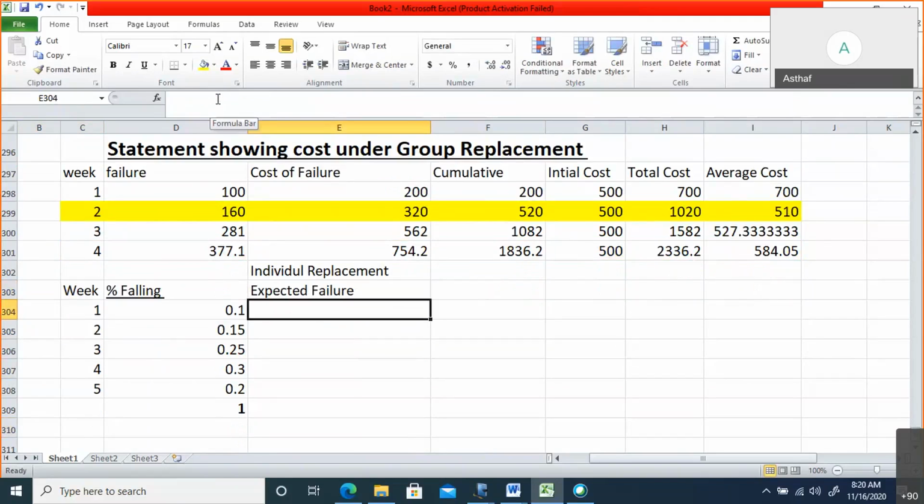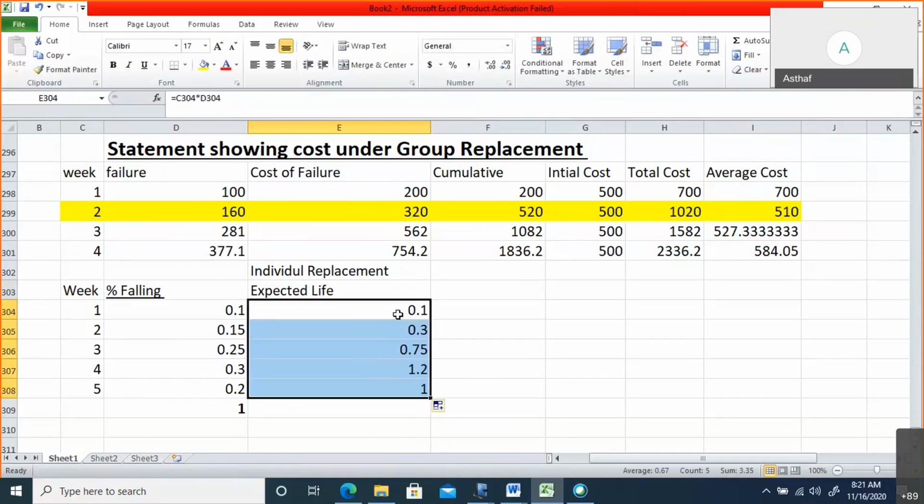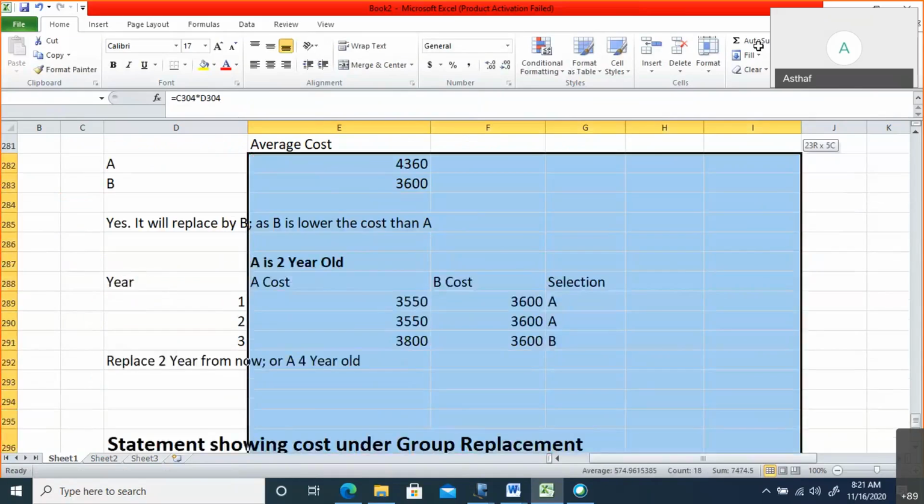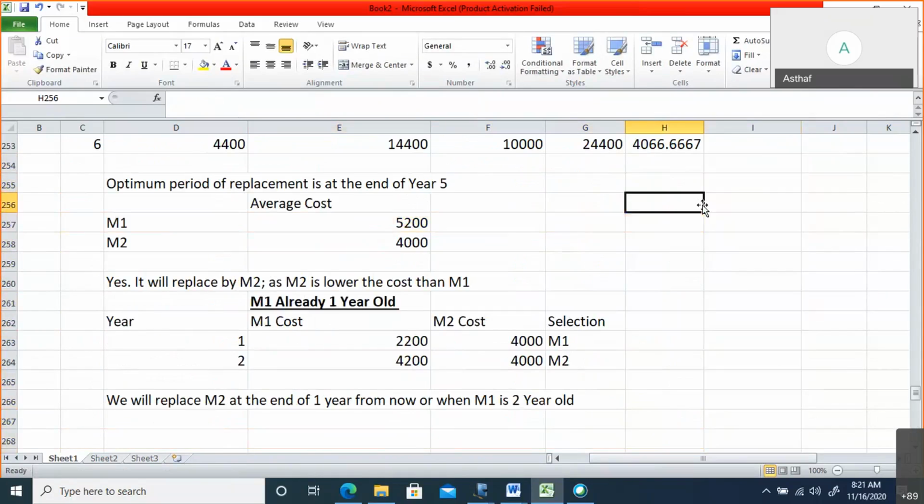So how will we make it into expected failure? We have week 1 into this, we have to multiply. This is called expected life, we multiply by week. Very simple.